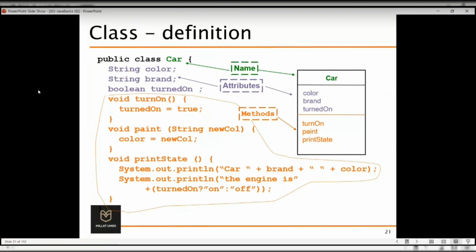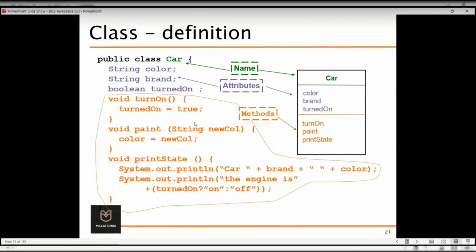And we have here its methods. Void methods don't return anything. So here we are just setting the attribute that our car class had to the true value. It was a boolean, so when turning on, we are setting it to true. And we have another method called paint, and it takes a parameter new color.